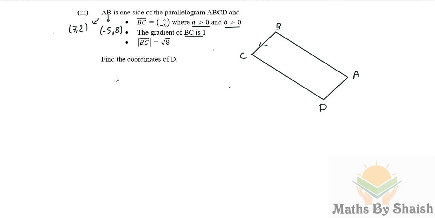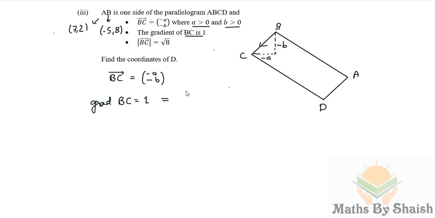So first of all, the BC vector is minus a, minus b, and the gradient of BC is 1, it means rise upon run is 1. And if we see from this, in order to reach point C, we have to go by minus b vertically down and minus a horizontally back.